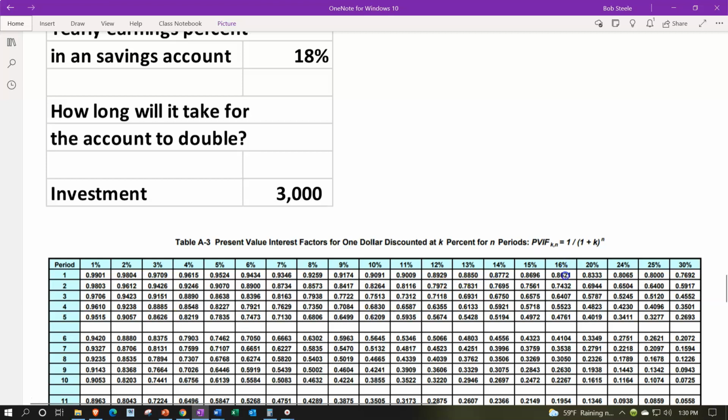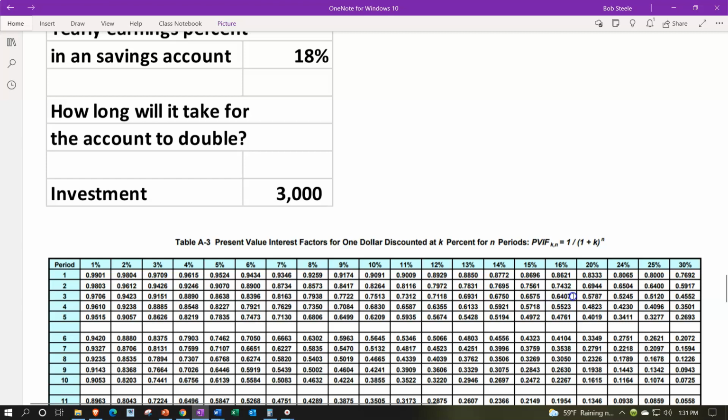So if I use the 16 and go down the column until we get to a 0.5, it looks like it happens somewhere between year 3 and year 4. Somewhere between year 3 and year 4, we go from 0.6575 to 0.5714, and then that's 16.